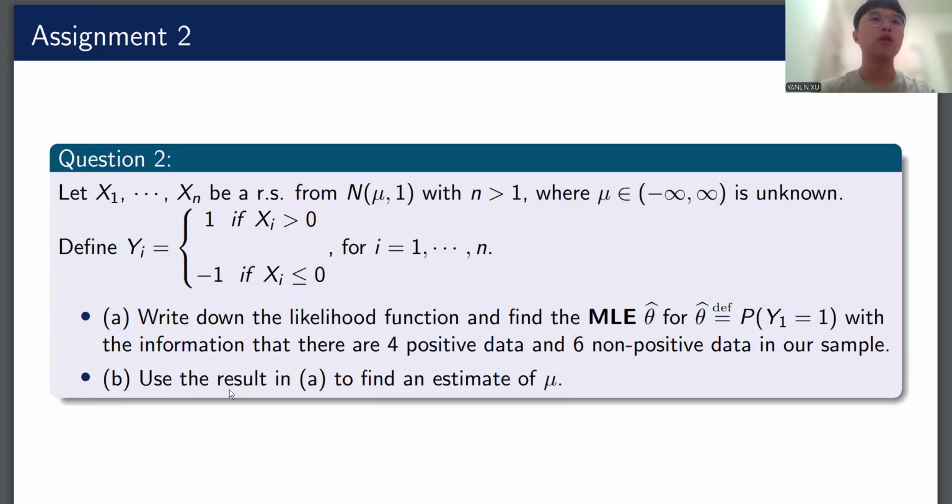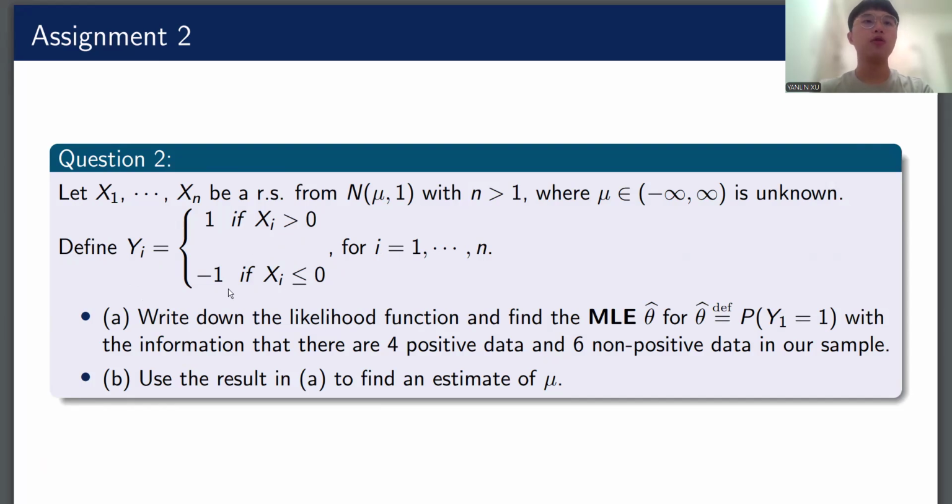Question 2 tells us X_i is a random sample from a normal distribution where mu is unknown, and we define Y_i to be: if X_i is greater than 0, then Y_i is equal to 1, otherwise it is equal to -1.